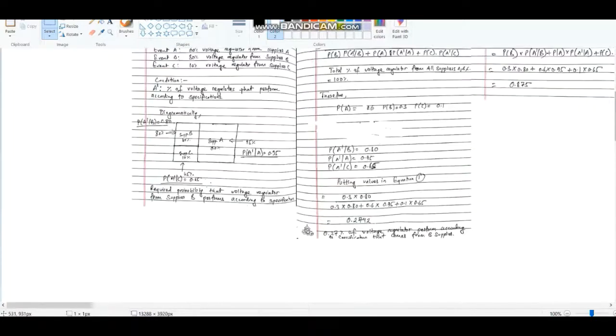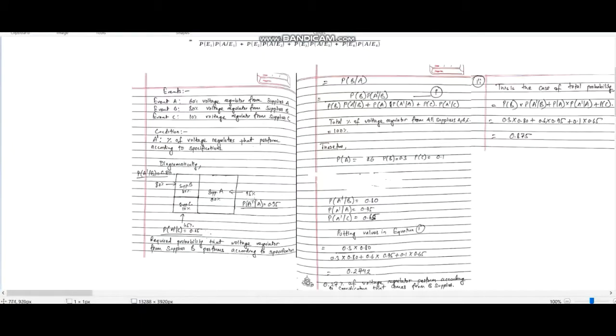So here I have represented the problem diagrammatically. Here you can see these events: A with 60%, B with 30%, and C with 10%. Here we have been given this condition denoted by A dash.